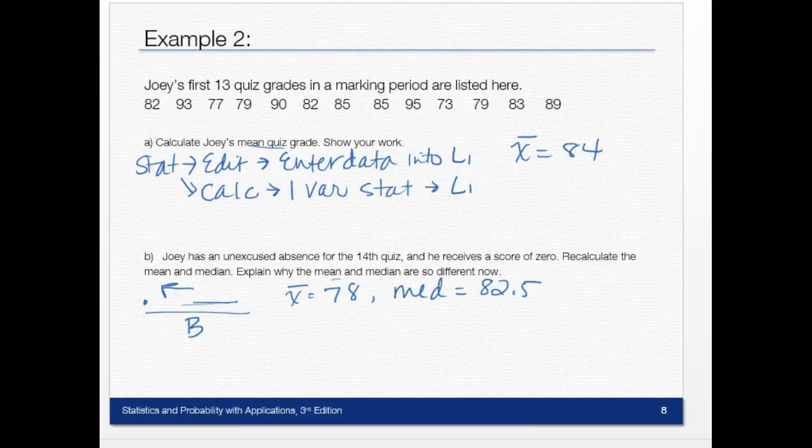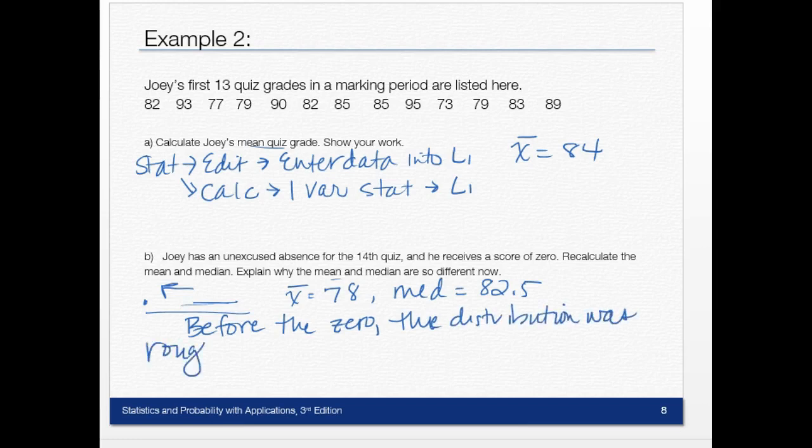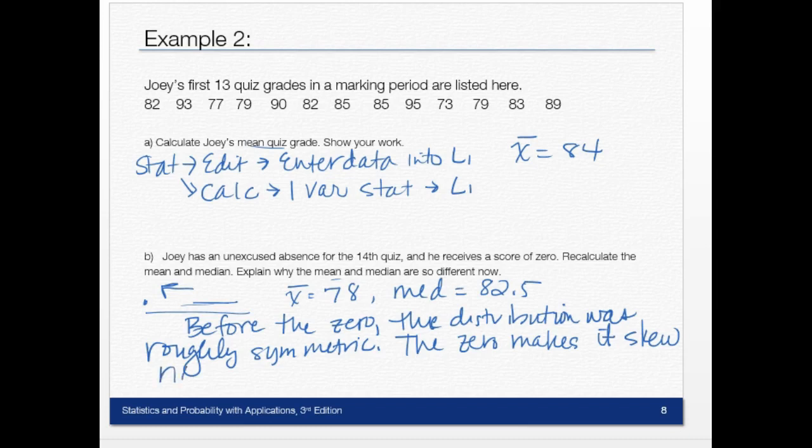Okay, before the 0, the distribution was roughly symmetric. The 0 makes it skew right.